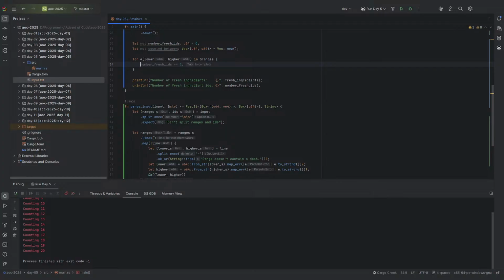I could iterate the whole thing. It's not efficient, but it works, I think. This is gonna get worse and worse as time goes on, but I don't care at this point. The entire lower bound.